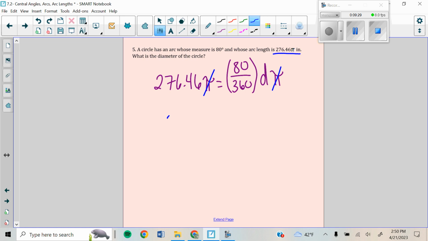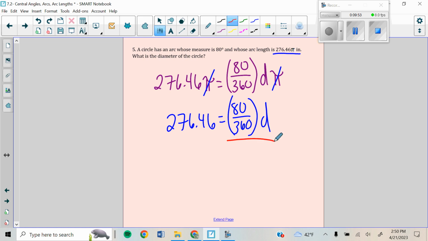All right, so 276.46 equals 80 over 360 times diameter. You have two options here. It's 80 over 360 times the diameter, so I can divide by 80 over 360 on both sides, or, since dividing by a fraction is the same thing as multiplying by the reciprocal, you can choose if you're going to divide by 80 over 360, or if you're going to times by 360 over 80.